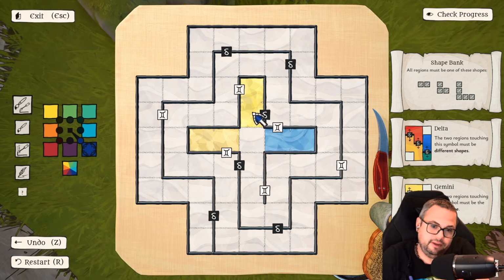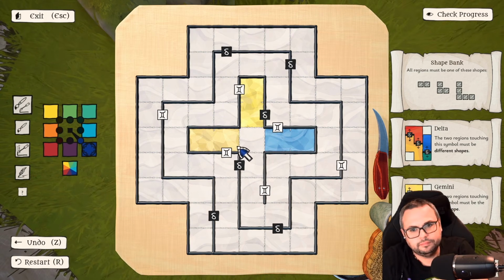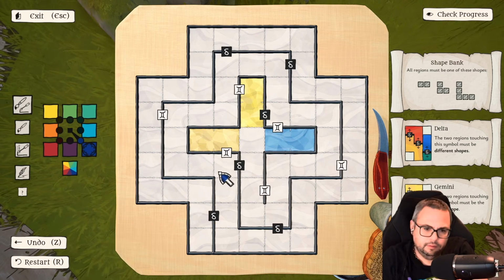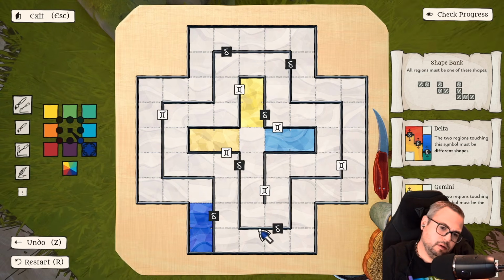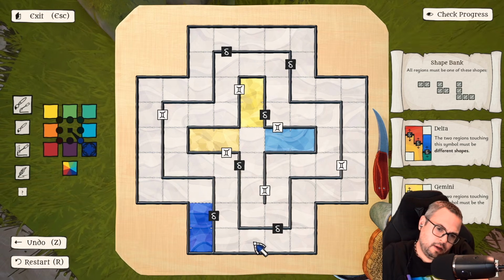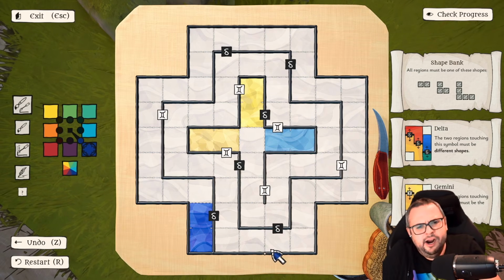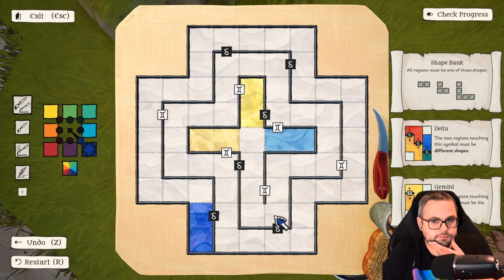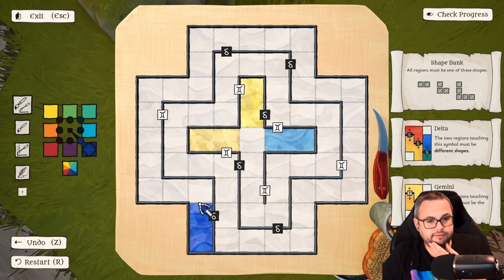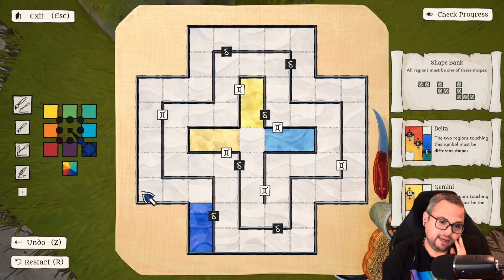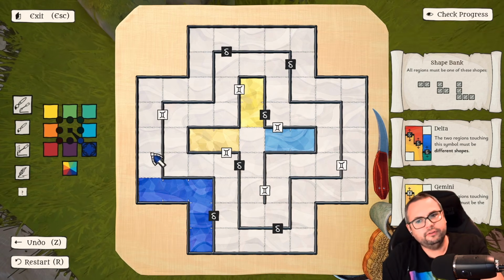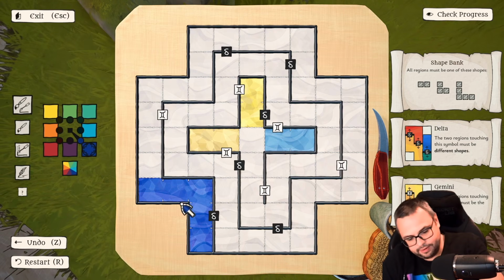Sorry, if this one is a V, it could be that V. I can't make this a V, because if I make this a V, I strand myself with this unusable string of tiles. Oh, that's not quite true. Sorry, no, I have dominoes. I could do that. Never mind.